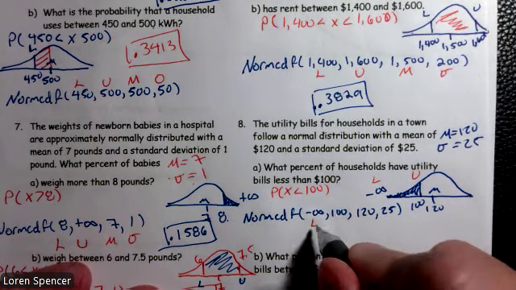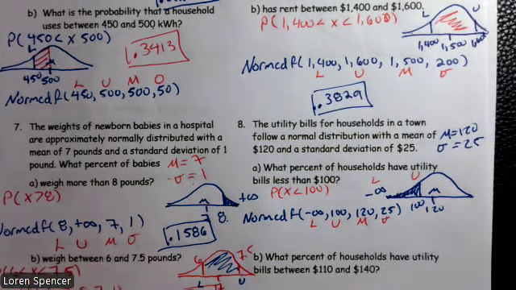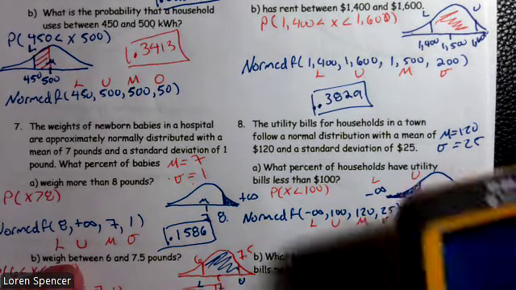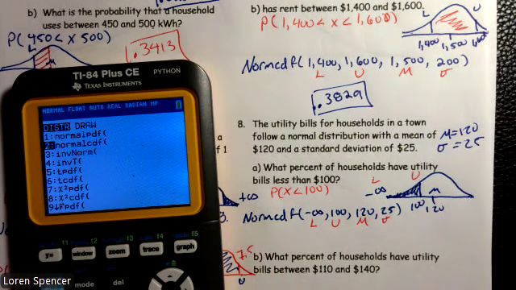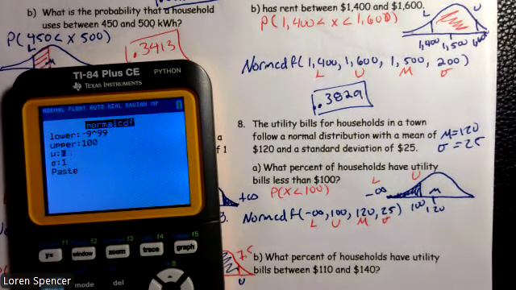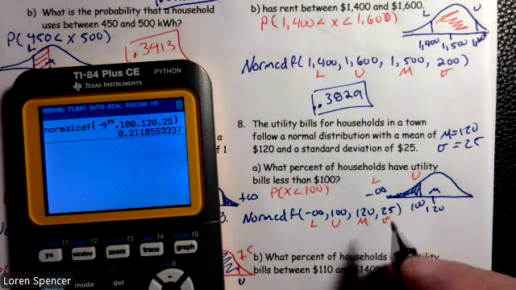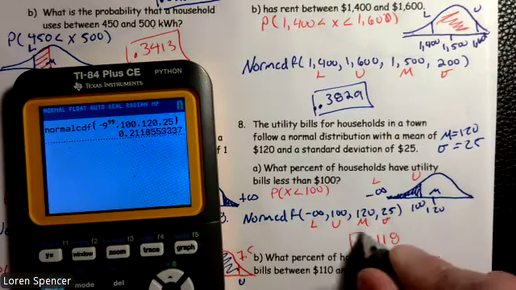Don't forget, lower, upper, mean, standard deviation, or LUMO. So let's run that through the calculator real quickly. Second VARS, normal CDF. Lower bound, negative infinity. Upper bound, 100. Mean, 120. Standard deviation, 25. And we get about 21%. So 0.2118.